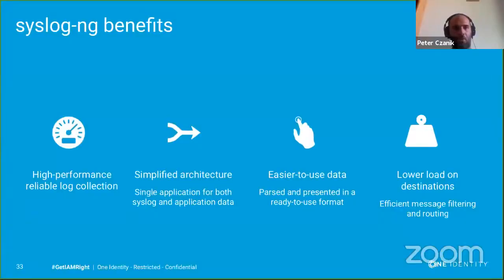So as a summary, using syslog-ng, you will get high performance and reliable log collection. You can greatly simplify your logging architecture, as you can use a single application for collecting both local syslog messages and application data.